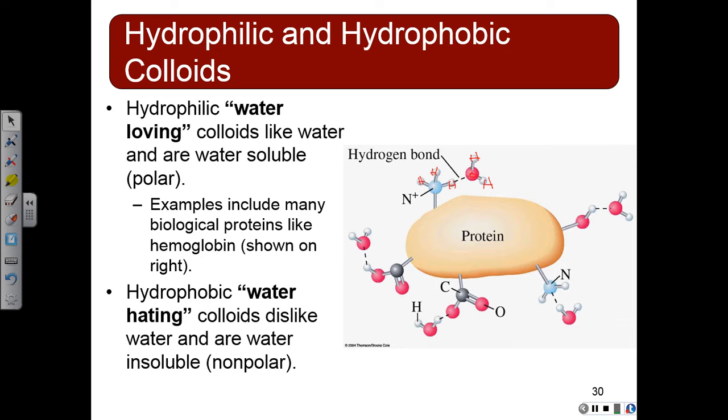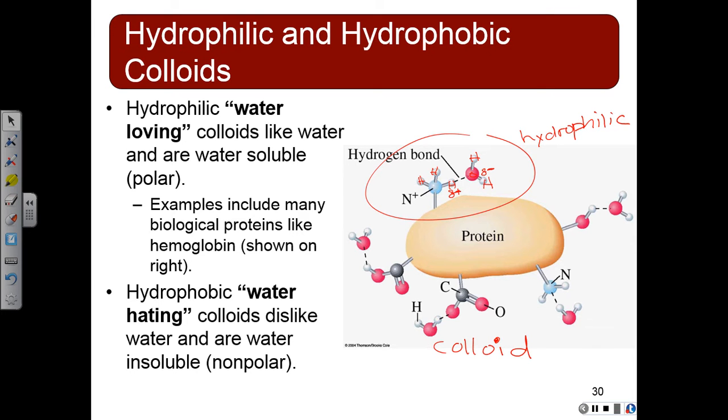So here's our colloid. This is a protein that's in our blood, like I said. If we look here, we have a nitrogen, and then our hydrogens are partially positive. Oxygen is partially negative, so they attract. Because they have that attraction, that portion of the molecule is soluble.